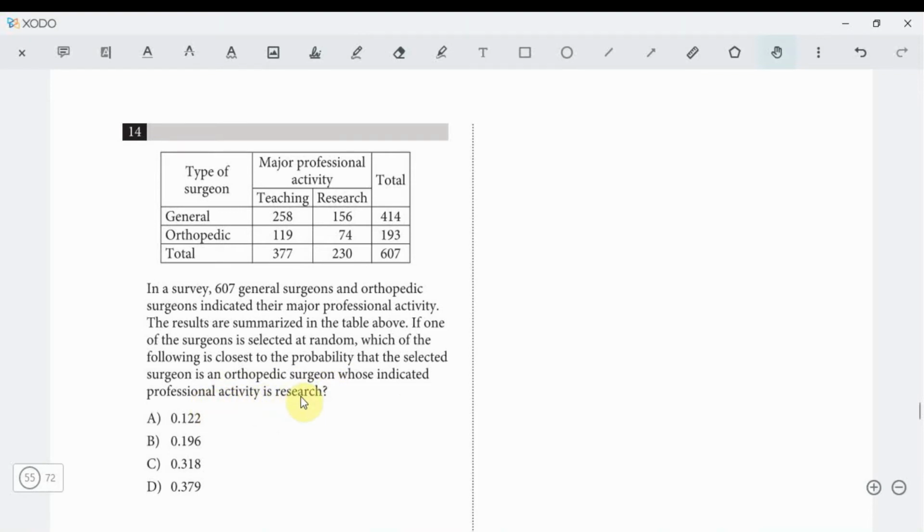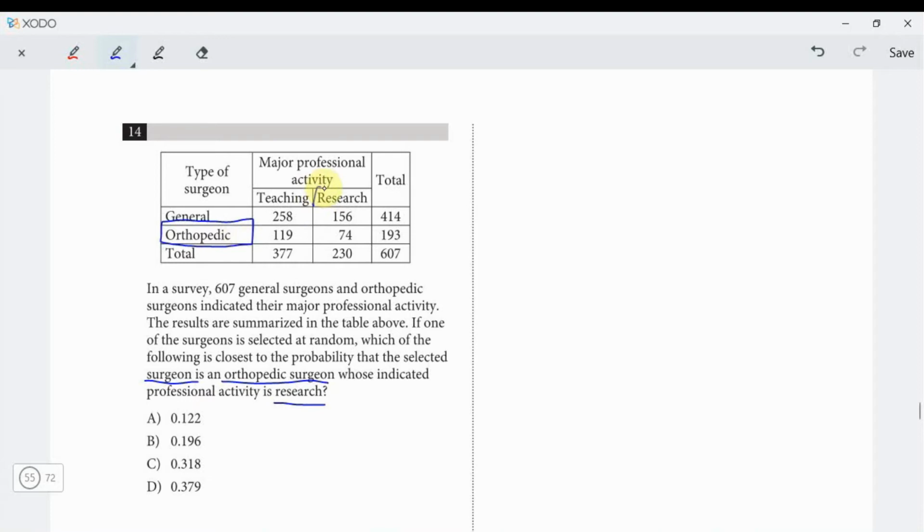Now guys, I know they're saying a whole heap of stuff right here, but all they're asking you is which of the following is closest to the probability that the surgeon is an orthopedic surgeon and is doing research. So what we're going to do is look for orthopedic and doing research.